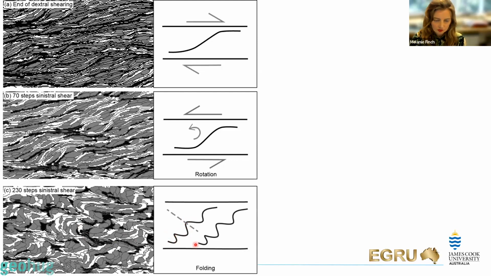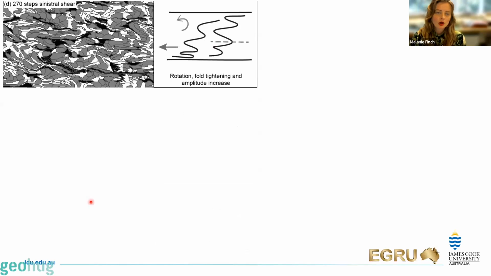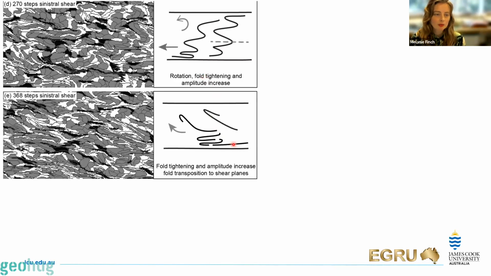And first of all, they start off in these more symmetrical shapes, but then they quickly become asymmetrical with more shearing. So as shearing continues, the folds tighten and rotate, and eventually the axial planes become parallel to the shear zone boundary. And then after that, they become transposed.